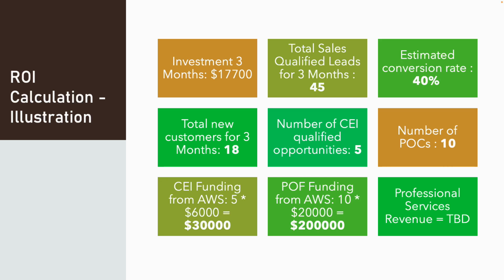If you're converting only 40%, this is the number. If you're able to convert 70% of your sales qualified leads, then you'll do a lot more business, right? So there's a lot more to understand and try out here, and my recommendation is to experiment with it and see how things go.